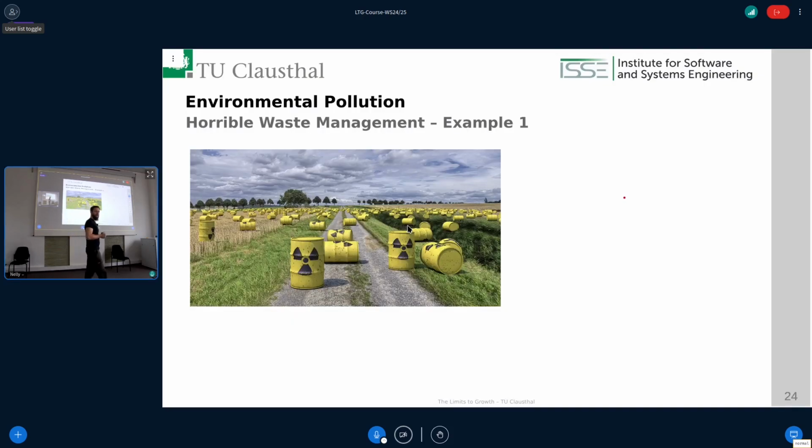And I think that example is what I left out last week for time reasons, but also because it fits very well here in this definition of environmental pollution, where it's one form of energy that we try to dispose of. Let's start the other way around.